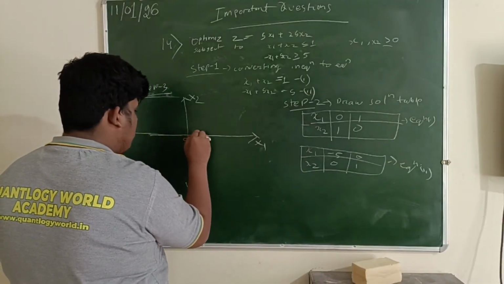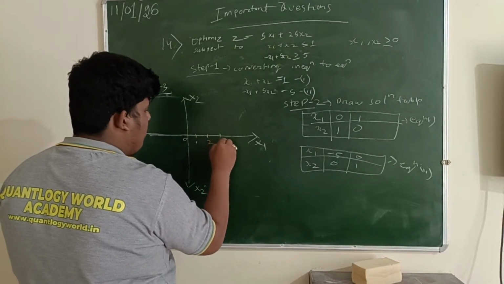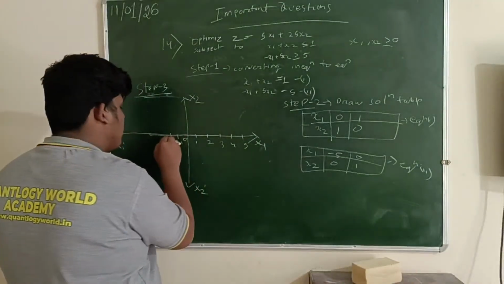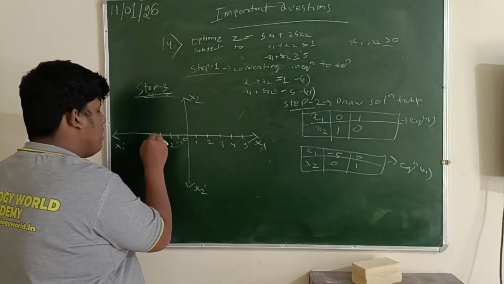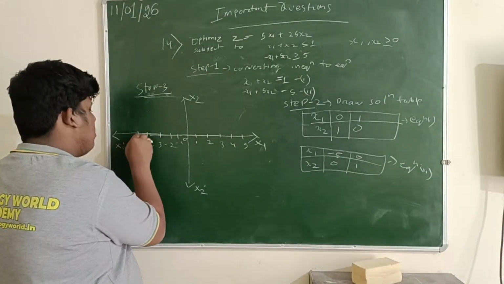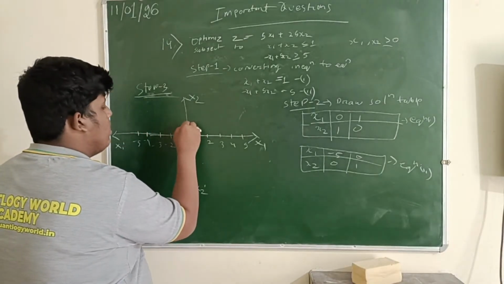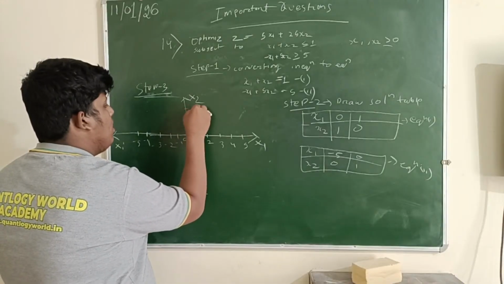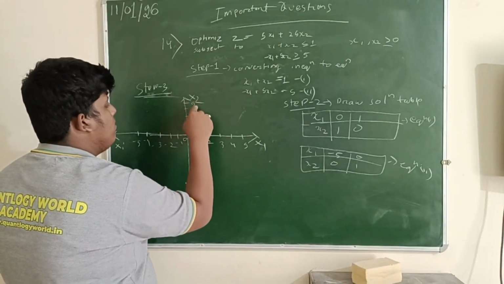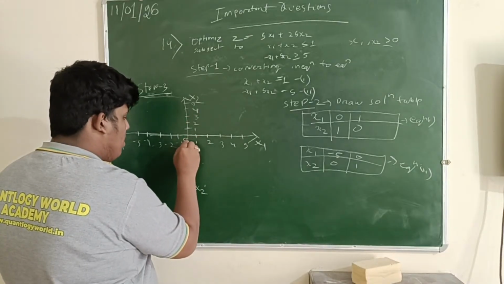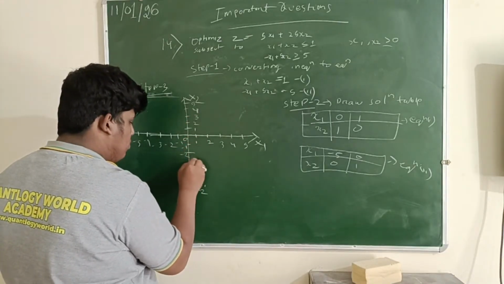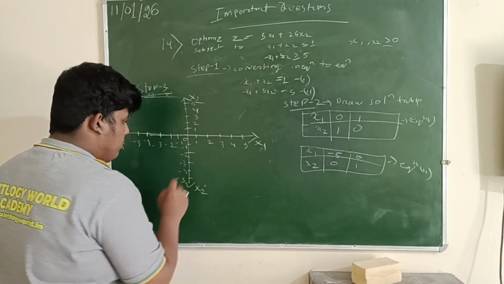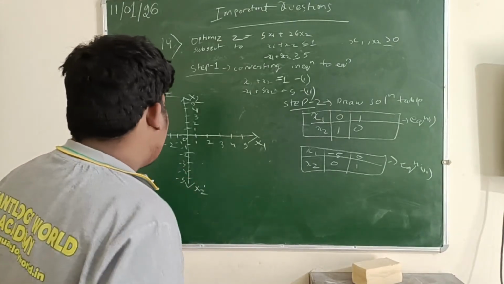This is our origin O. 1, 2, 3, 4, 5, minus 1, minus 2, minus 3, minus 4, minus 5, and similarly on the other axis. So this is the graph.